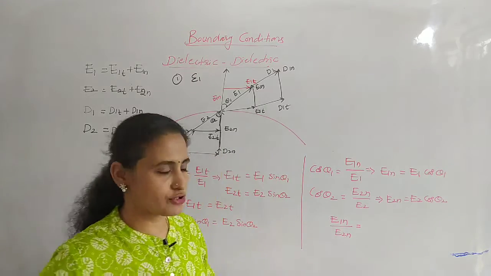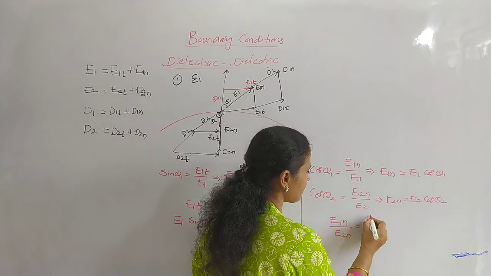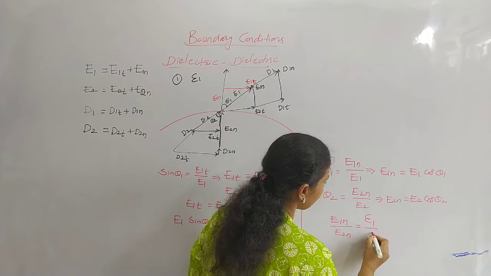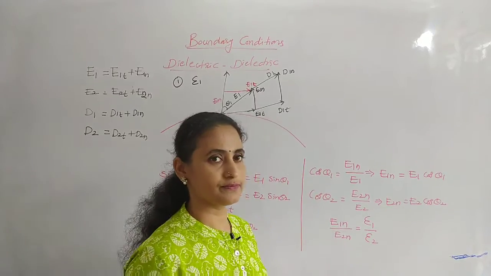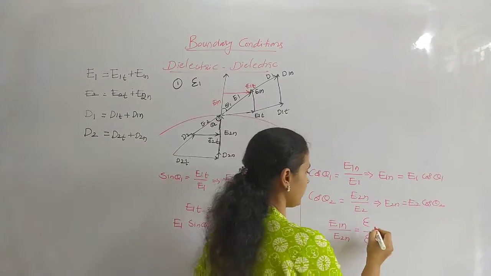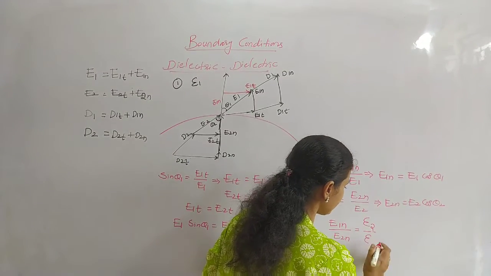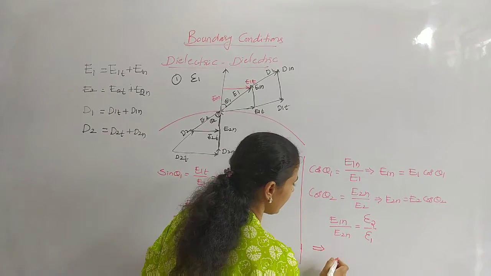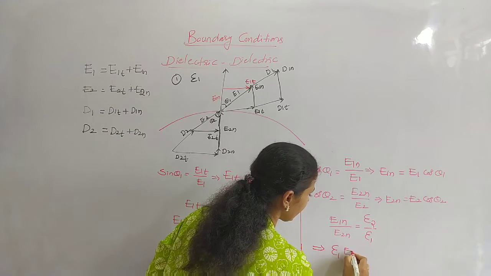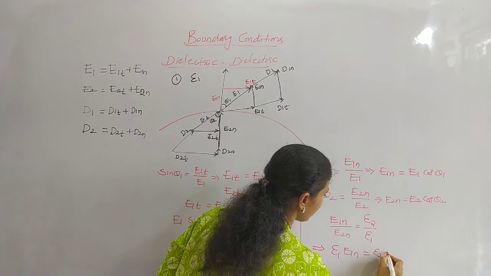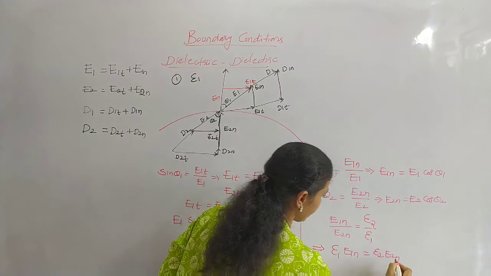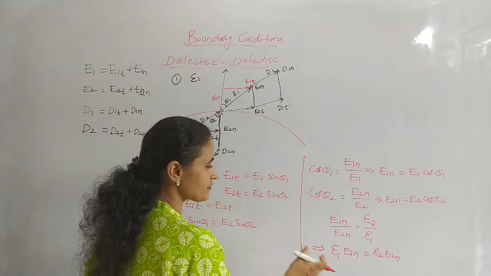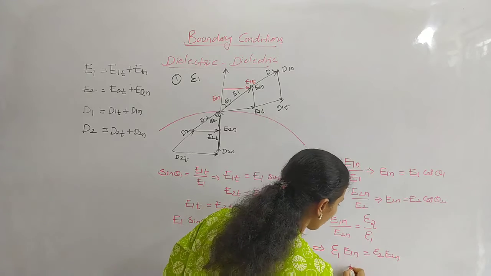the ratio of these two, E1n by E2n, is given by epsilon 2 by epsilon 1. From this, if you do the cross multiplication, I can write epsilon 1 E1n equal to epsilon 2 E2n. So what is epsilon 1 into E1n? Is it not D1n?